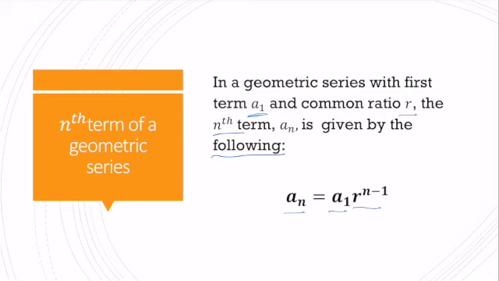So if I had a sub 2, that'd be a sub 1 times r to the first. And if I have a sub 3, that'd be a sub 1 times r to the second.